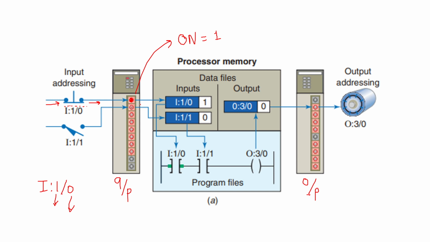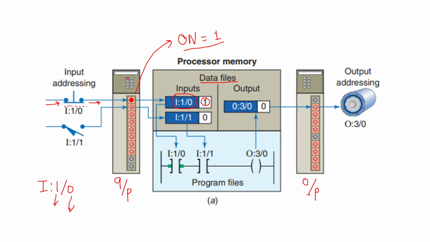So when you send a 1 signal, it is stored by the data files. I also told you in earlier lectures that the data file stores the status of the bits. So this switch basically turns on this bit, and I:1/0 stores the status of this bit, 1.